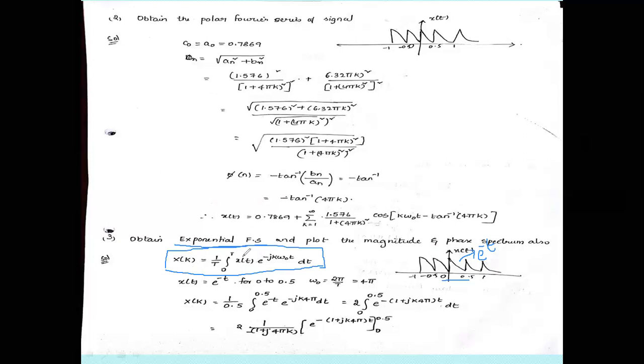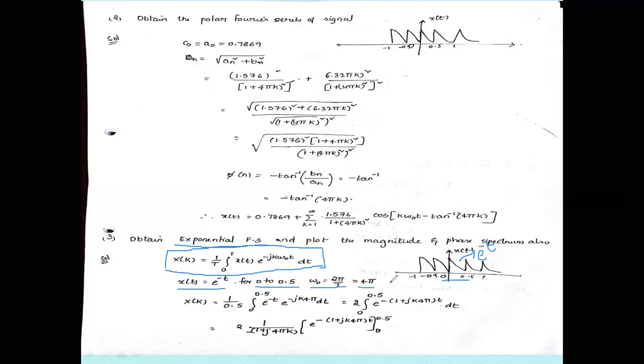In that, what is x of t given? Nothing but the exponentially decaying function, e power minus t. And what is the period here? 0 to 0.5. What is the angular frequency? 2 pi by T, which is 4 pi, after substituting 0.5 in the denominator.